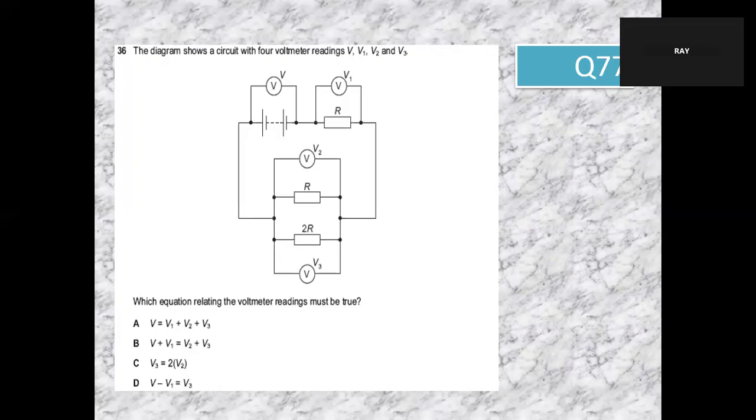Is it B? Wait, no, no, no. I think it's C. C is V3 equals 2V2. As far as you're concerned, V3 and V2 are the same. It's across this one.